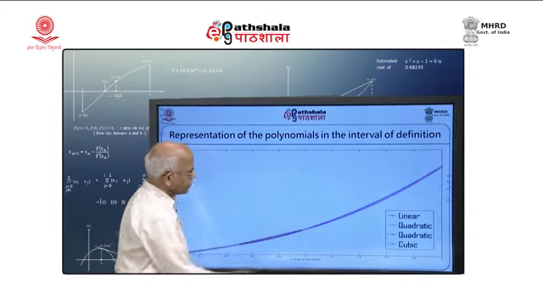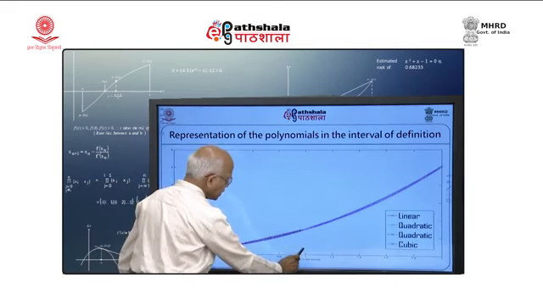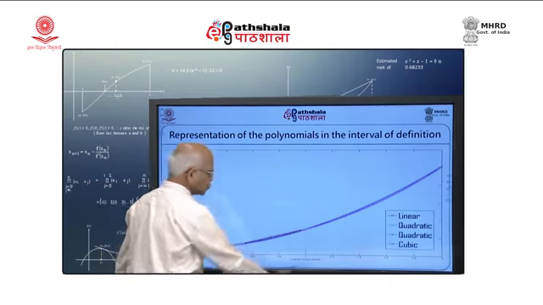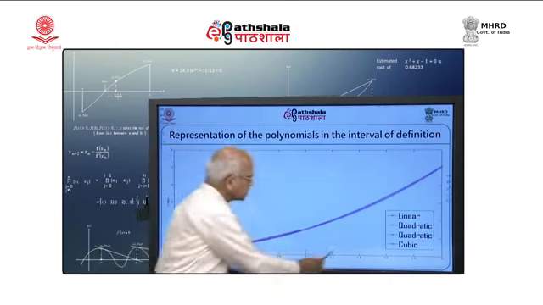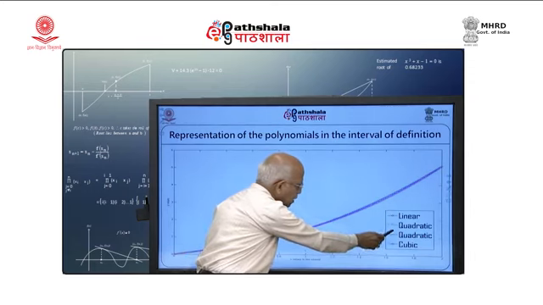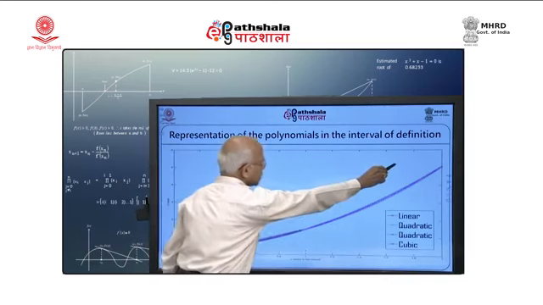Then one quadratic will be between 0 to 1 and another quadratic will be between 0.5 to 2, so there will be 2 curves like that, one green and one blue, and the cubic will be on the entire interval, that is given by this.